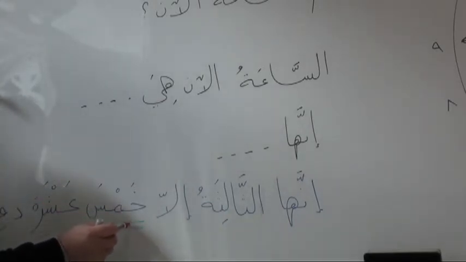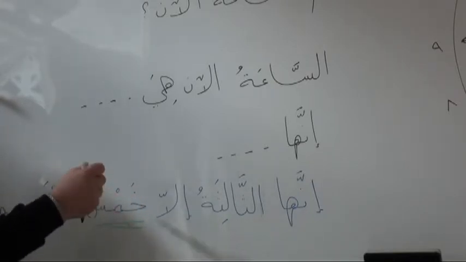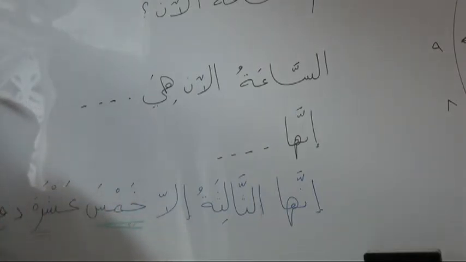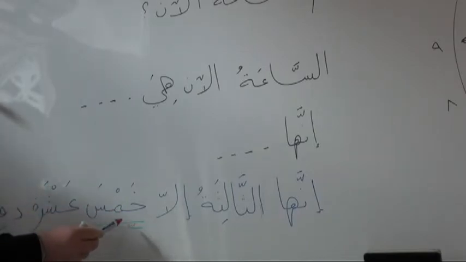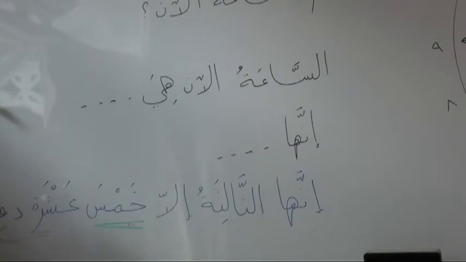As we said, 3 to 9, 13 to 19, 23 to 29, and so on. The first digit is opposite; the gender is opposite of the object. Here the object is daqiqa. Is it masculine or feminine? Feminine. So the first digit of the number should be masculine. Clear?